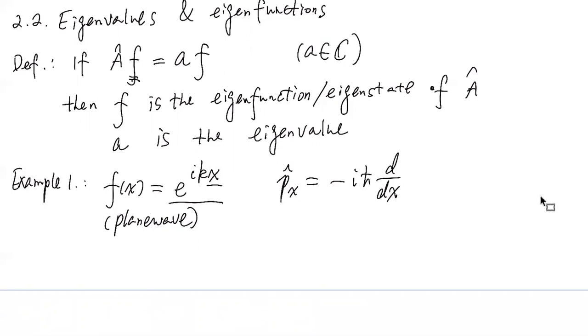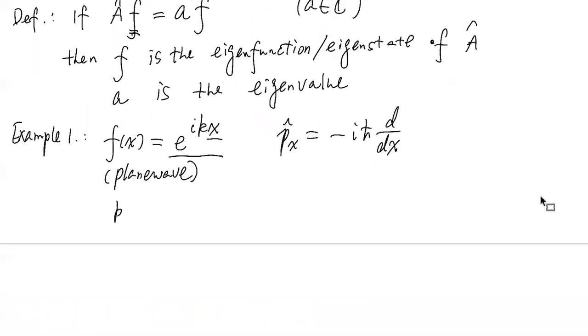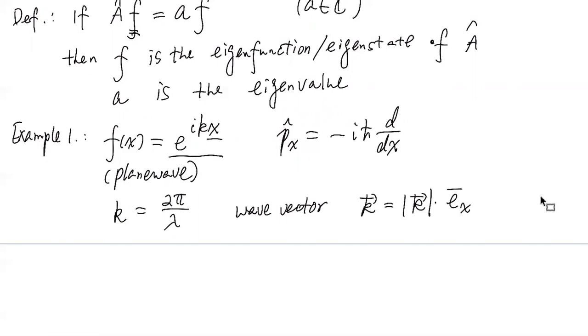Here, k of course is the magnitude of the wave vector. The wave vector is the magnitude of the wave vector times a unit vector along the x direction, right? All right. So let's see what the eigenvalue is.